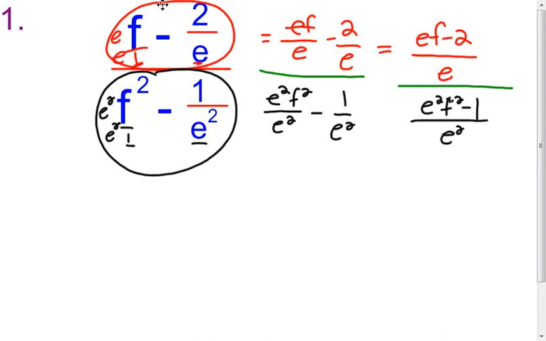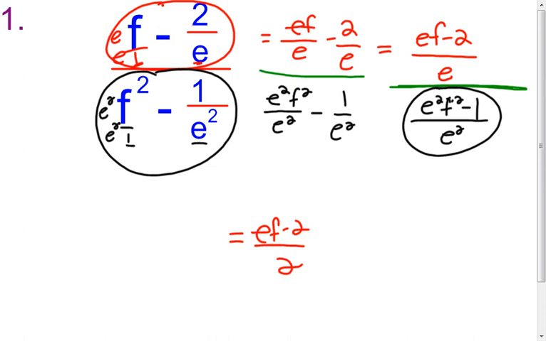Now, this green line right here means to divide. So another way that I could write this, where I'm at right now, is to take the top, which is ef minus 2 over 2, and instead of dividing by that black fraction, by this one right here, because that's what the green symbol means, I can change that so that I multiply by the reciprocal.